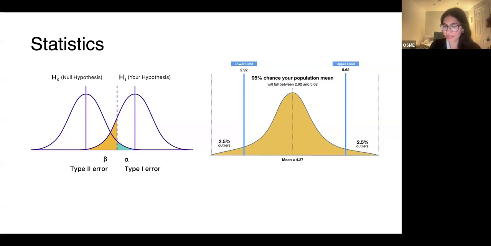Okay, lovely. So this is a bit more straightforward. There's a 95% chance that the true value is between 3.2 and 7.8.